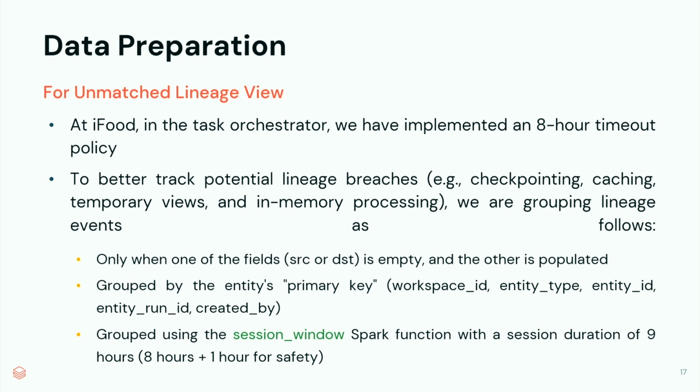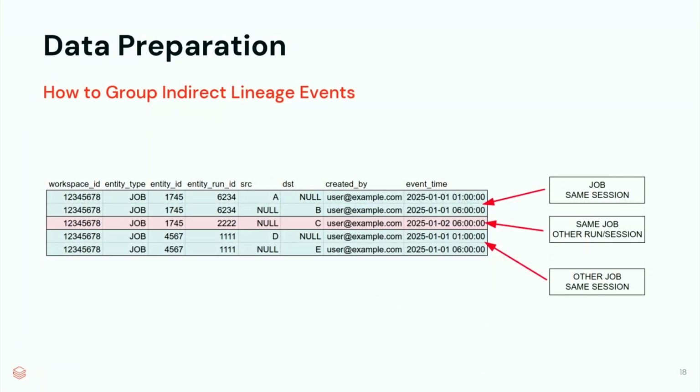And then we can group with the session window Spark function with a session duration of 9 hours, 8 hours from our 8-hour timeout policy, plus 1 hour to have a margin of safety. So here it's possible to understand better how we can group those kinds of events.